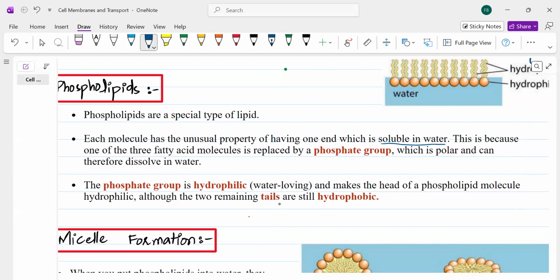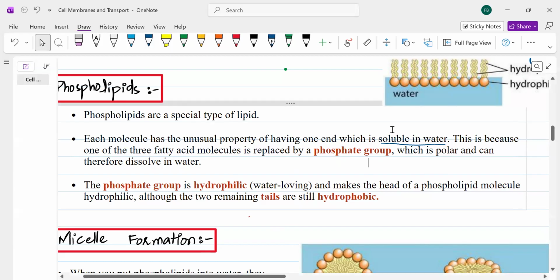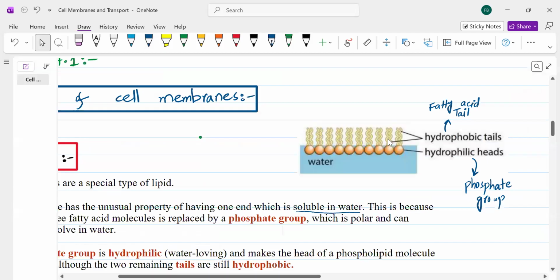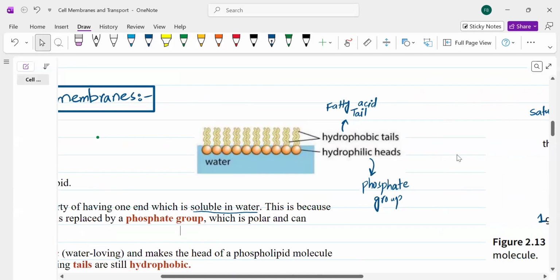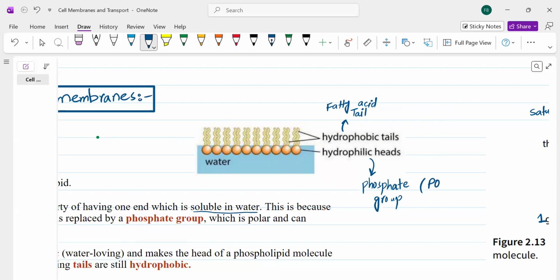The other region, in which there are fatty acid chains present, is the hydrophobic region. This one is the hydrophobic tail, and the head part is hydrophilic. And why is the head part hydrophilic? Because of the presence of phosphate group.